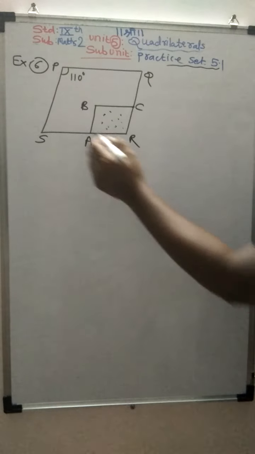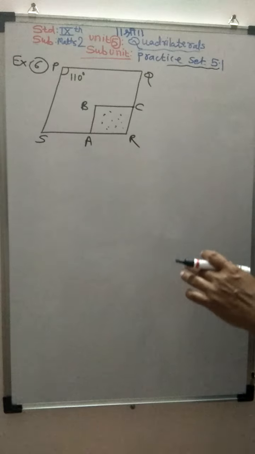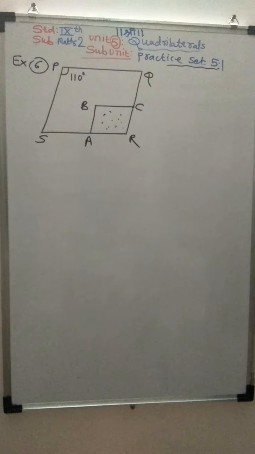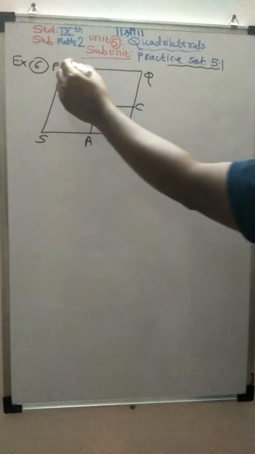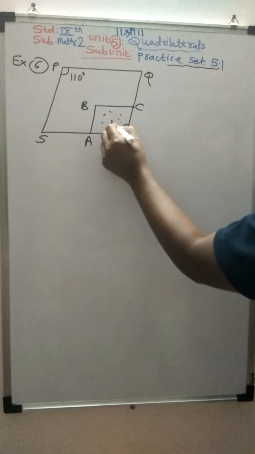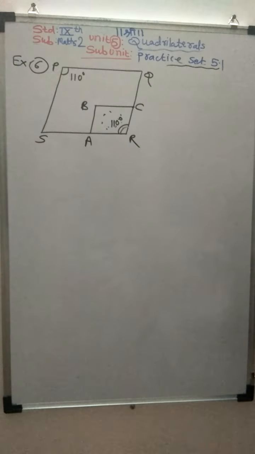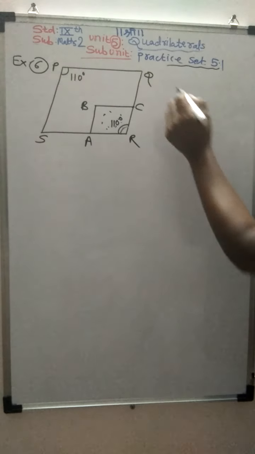How can we find? Use the property that in a parallelogram, opposite angles are congruent and adjacent angles are supplementary to each other. Now if angle P is 110 degrees, then angle R is also 110 degrees, because angles P and R are opposite angles of a parallelogram.